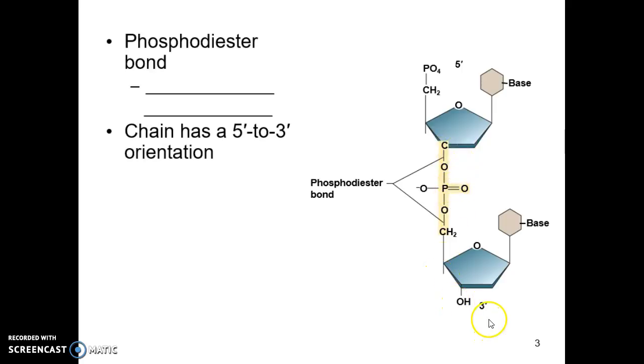So when we assign these little numbers, 5 prime, 3 prime, that is indicating where the phosphate is versus the base of the sugar. The phosphate group is at the 5 prime end. The base of the sugar is the 3 prime end. So it's always stacked up where the 5 prime attaches to the 3 prime. And we have this orientation of 5 to 3 throughout the entire length of the DNA strand.